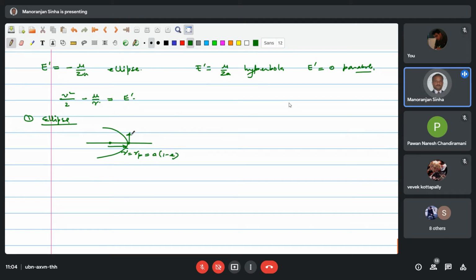The velocity here will be v perigee, which is r perigee times theta dot, and theta dot we know is h by r square. So this quantity is h by r perigee. Therefore here we can write E prime equal to v perigee square by 2 minus mu by r perigee, with v perigee equal to h by r perigee.